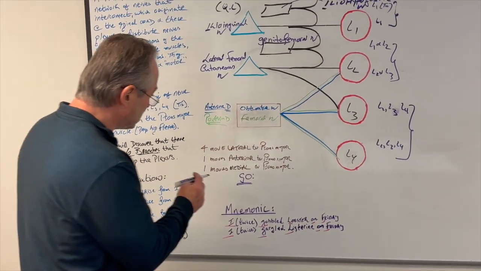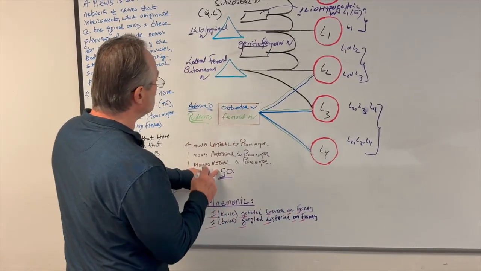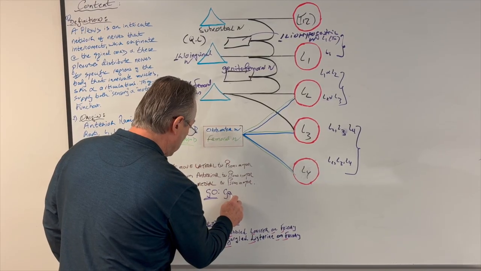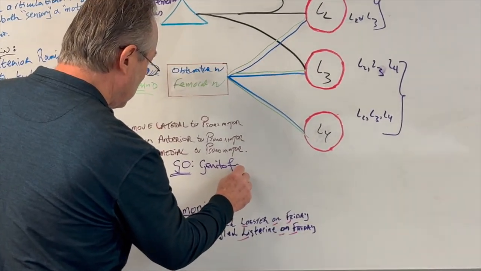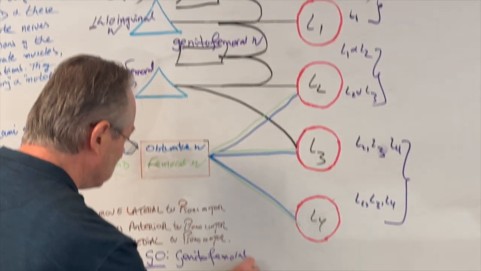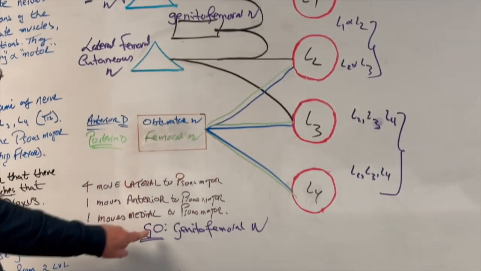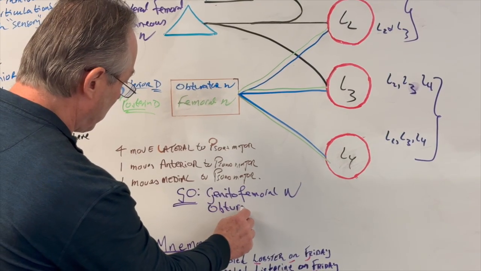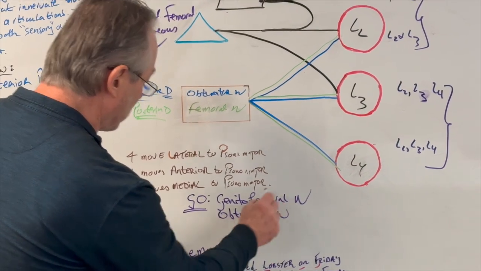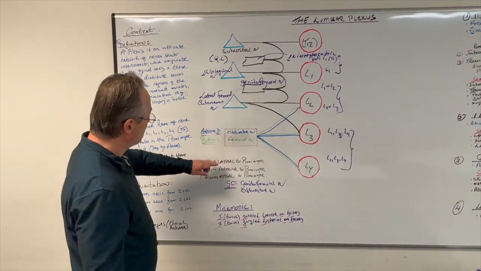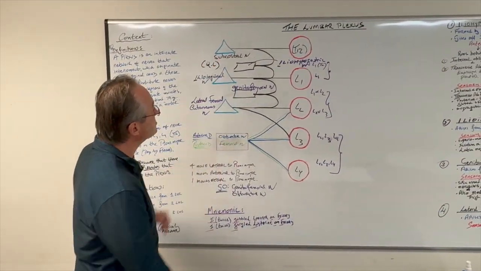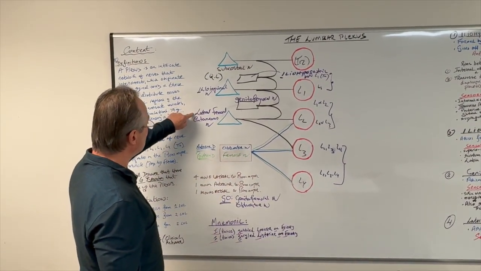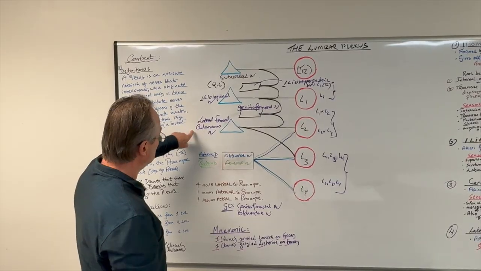Go with me. Watch this. The G, there's only one G, which is your genitofemoral nerve, and the only O is the obturator nerve.